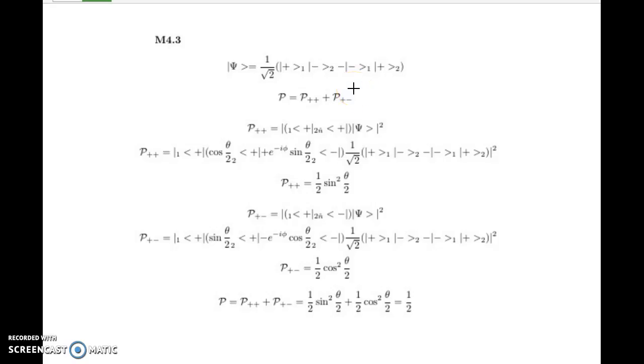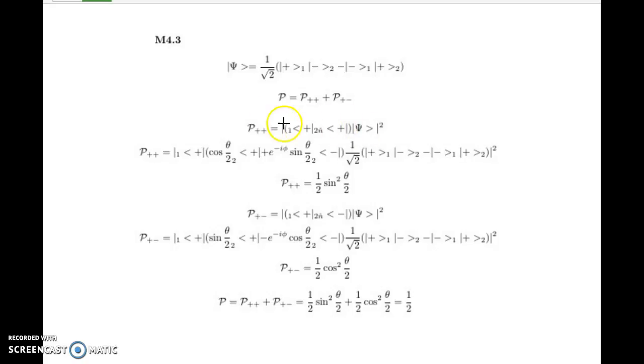And so to find the first one, the probability of plus plus, this will be the probability solution that we're looking for. And so it's going to be the modulus squared of the bra plus sub 1, and then the bra plus, and then sub 2 n hat. And then the ket in this case is psi.